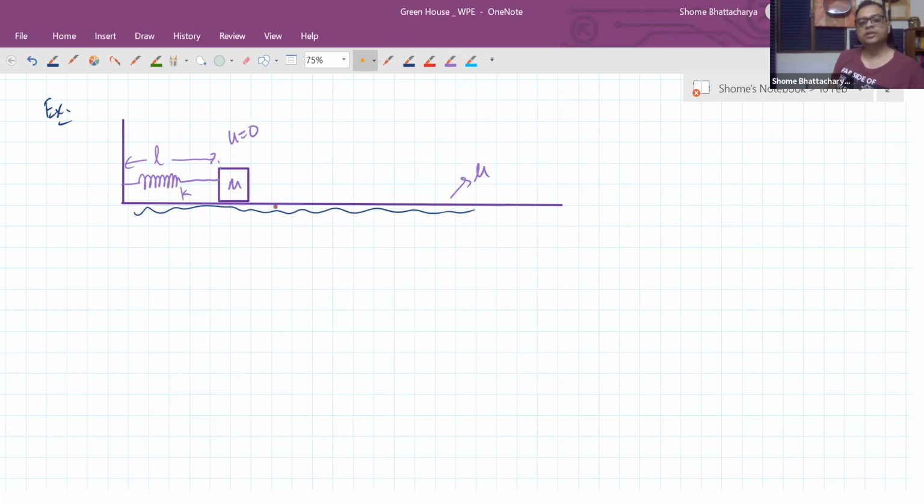From t equal to 0 onwards, a constant horizontal force is applied by some external agent.